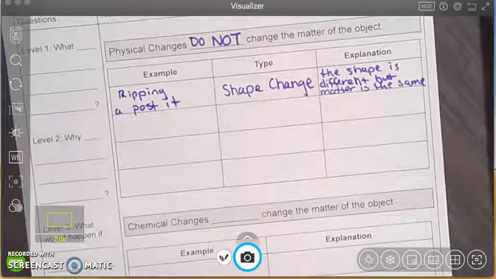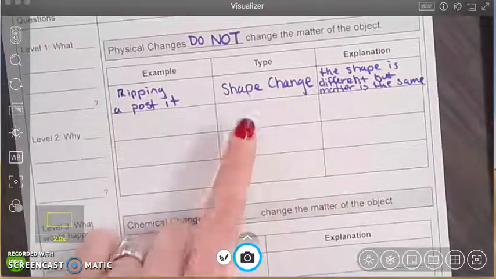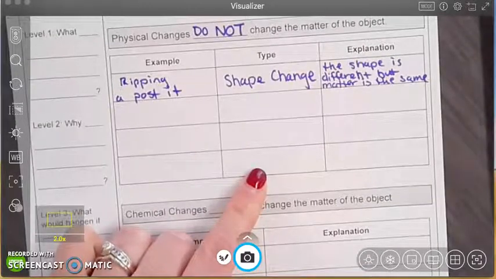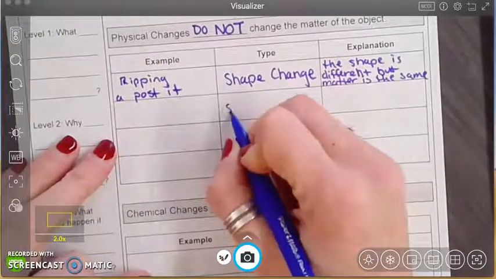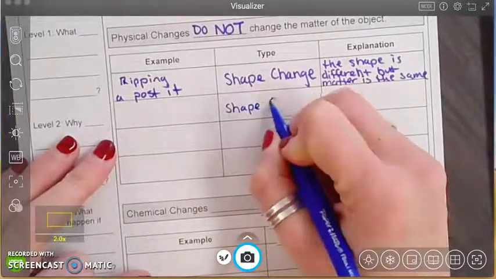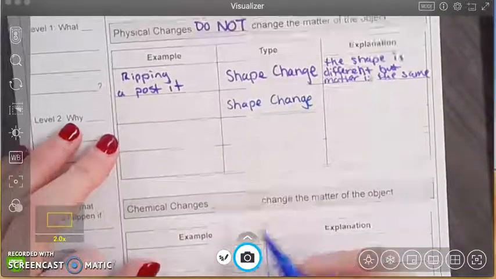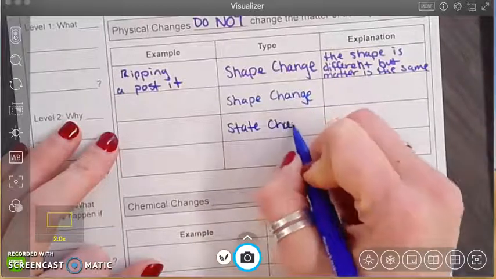So you have 3 left. You need to have one example of all 3 types for yourself. So we're going to repeat the fact that you as a class or table need to come up with a shape change. You as a table or class need to come up with an example of a state change.